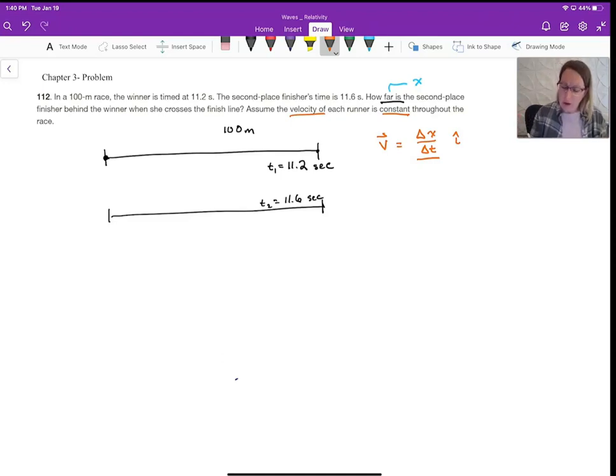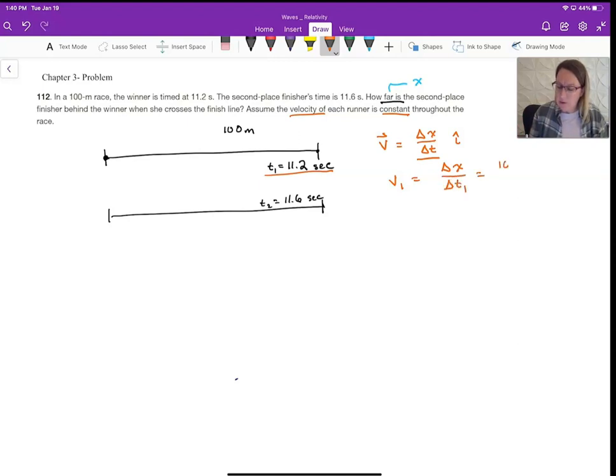So with constant v, we could find the velocity for the first runner. The first runner is right here. So we can say v1 is equal to delta x, the distance that the first runner went, over her time.